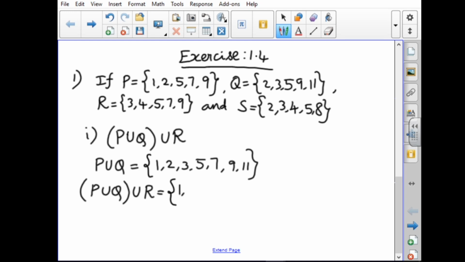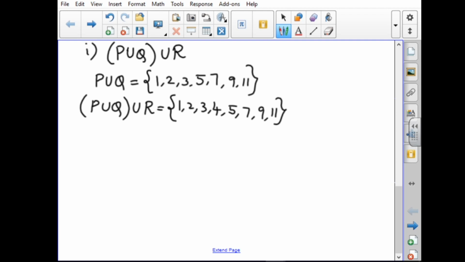So 1, 2, 3, 4, 5, 7, 9 and 11. So this is the value of P union Q union R. Then the second one, we should find P intersection Q intersection S.